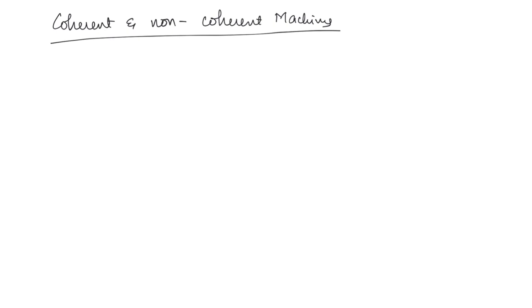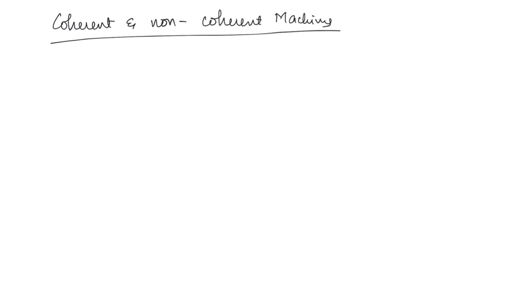Now swing equation of coherent and non-coherent machines. So we will understand first what is meant by coherent and non-coherent. So we saw that the delta versus t curve of a particular machine, that we call a swing curve. Now two or more machines are said to be coherent if they swing together after a disturbance.